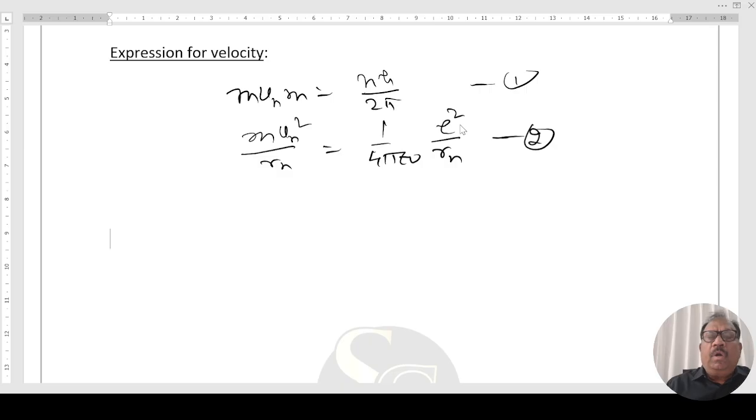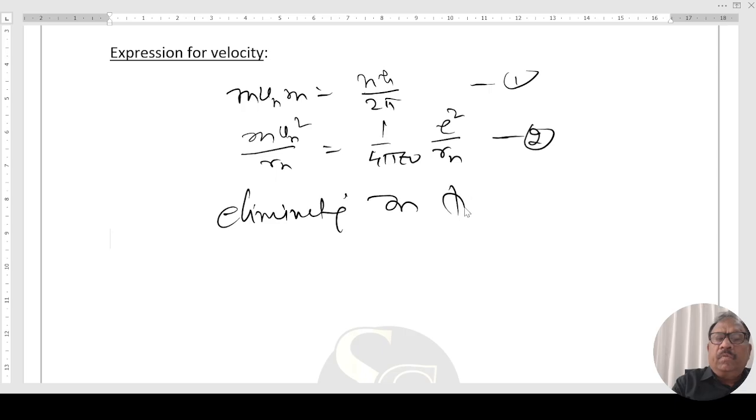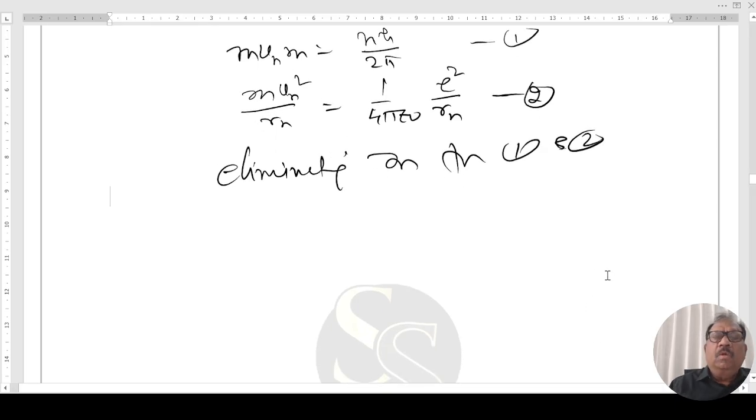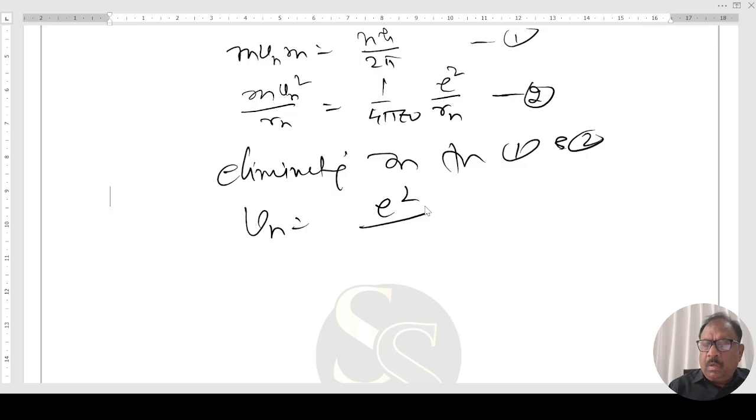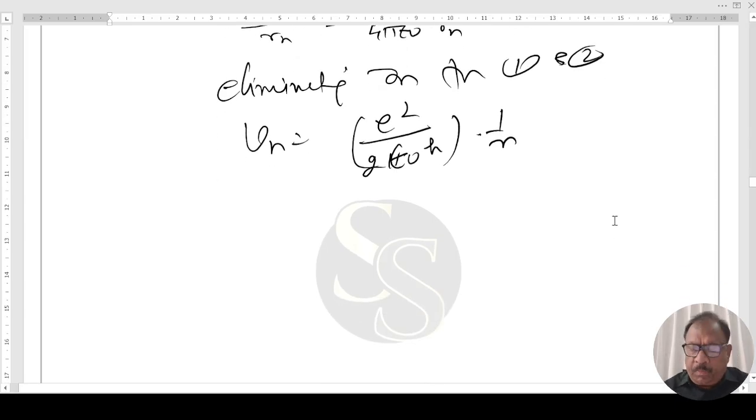Now, eliminating Rn from 1 and 2, a simple calculation, Vn comes out to be e square upon 2 epsilon naught h, the Planck constant, into 1 by n.